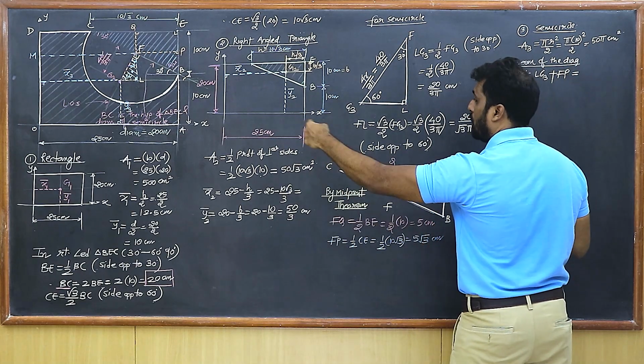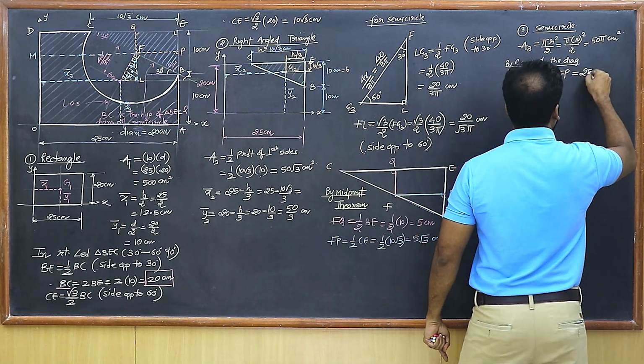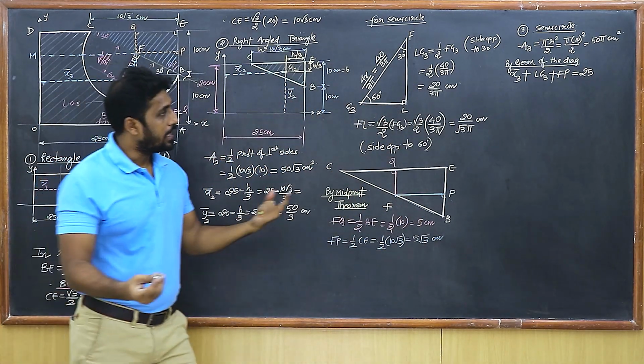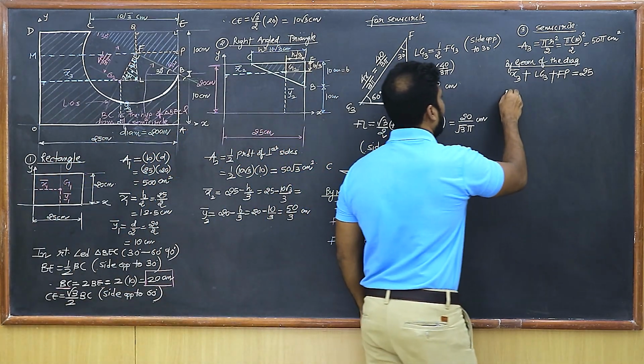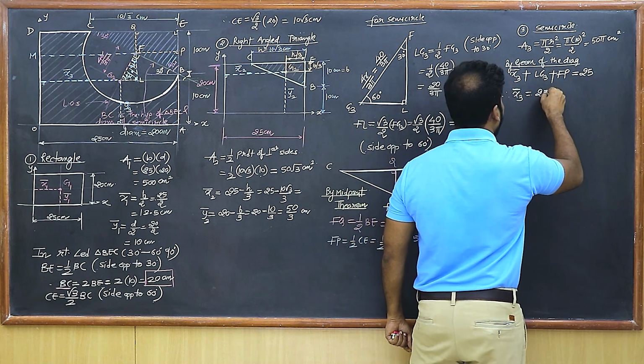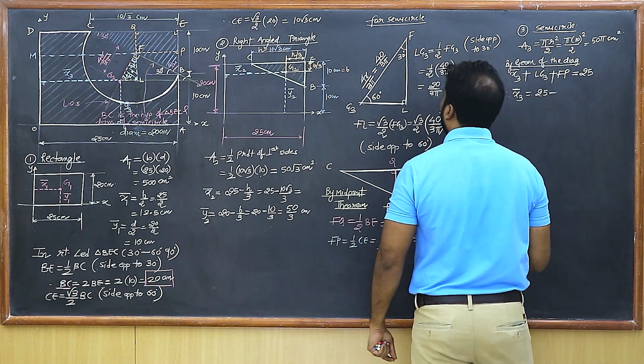This is going to be how much? It is going to be 25 centimeters. So can you get the value of X3 bar from here? Let's get the value of X3 bar, students.